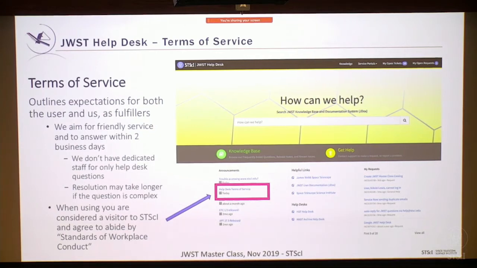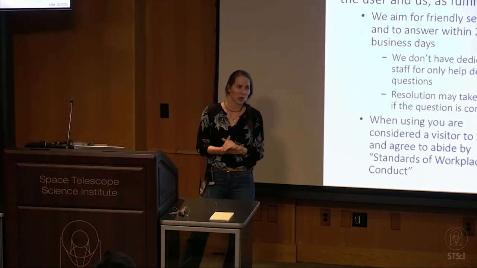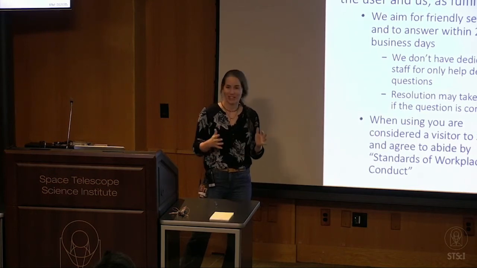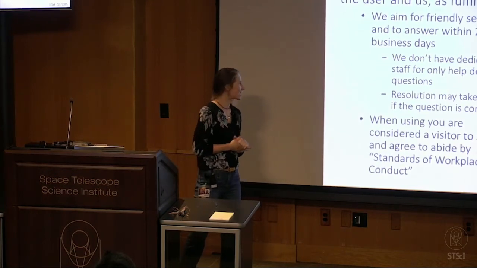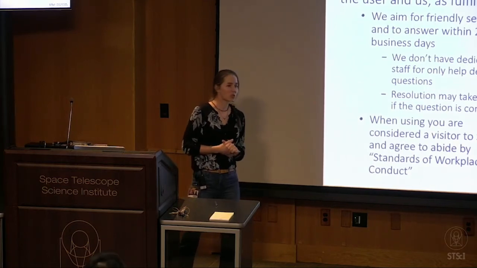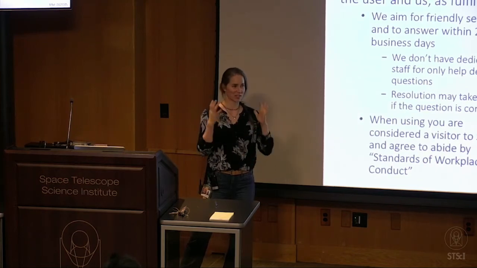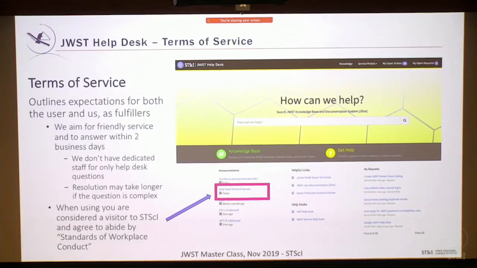So that was something that people were having problems with, and I think I updated that on Friday, a screenshot from Friday. There is also what we call the terms of service for the help desk, and this is expectations for both us as the fulfillers and for you as the users. So as fulfillers, we are aiming to answer you with friendliness and courteousness, and to answer you within 2 business days. We do not have a full-time dedicated help desk staff that just sits and waits for questions.